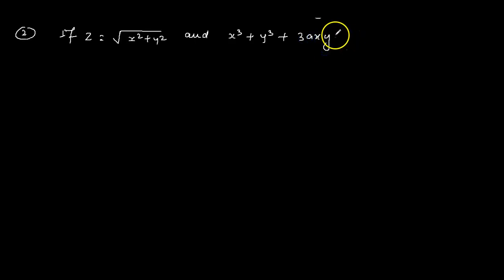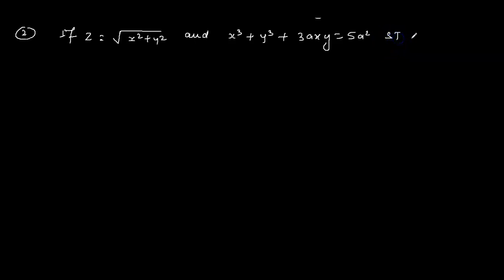Next, question number 2. Given z is equal to the square root of x square plus y square, and x cube plus y cube plus 3axy is equal to 5a square.